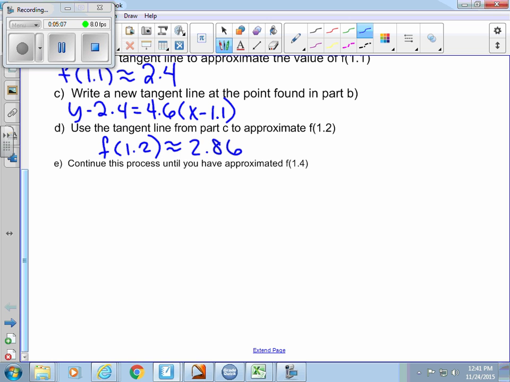So I'm going to do y minus 2.86 equals, calculator, tell me what it is. 1.2 is x, 2.86 is y. So 2.4.